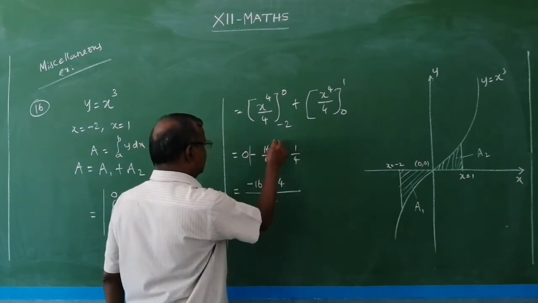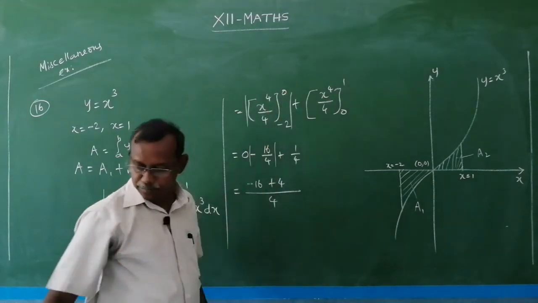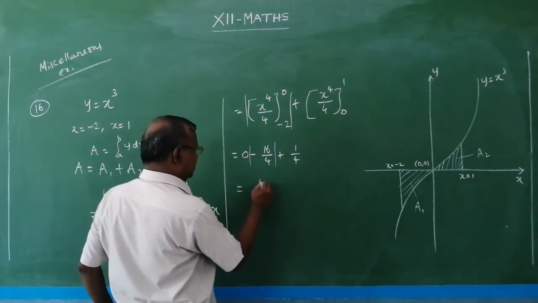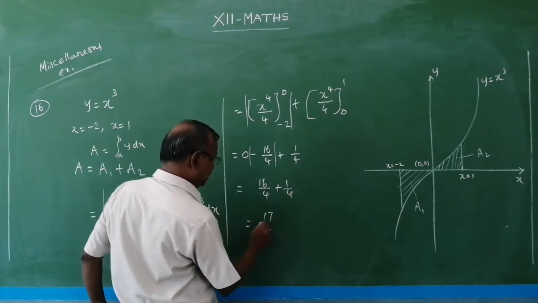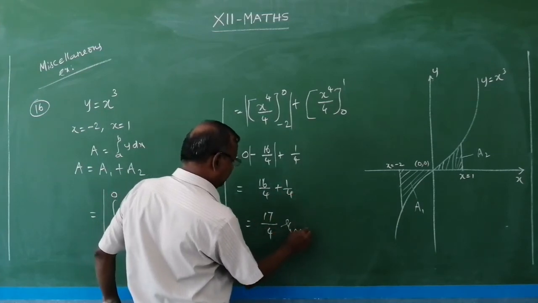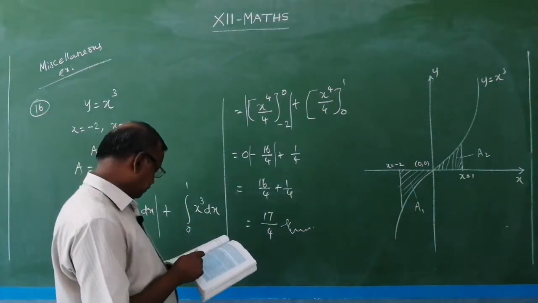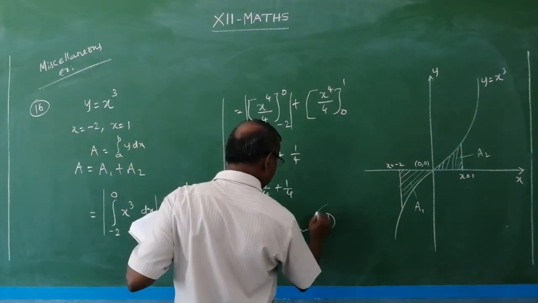This is modulus value, I am sorry. So putting modulus, it is positive, that is equal to 16 by 4 plus 1 by 4 equal to 17 by 4 square units. Now the option here is D option.